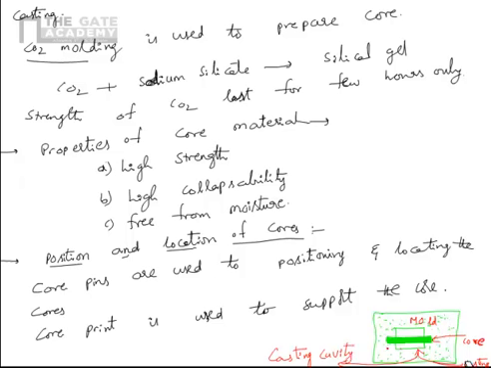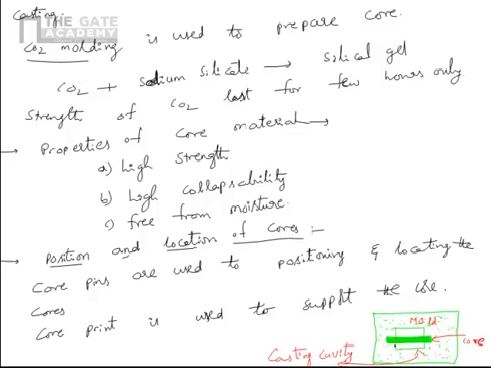Once you pour the molten metal, the core is used, as we discussed, to prepare hollow sections, especially internal cylindrical shapes. To get the cylindrical internal hollow section, we use a core.